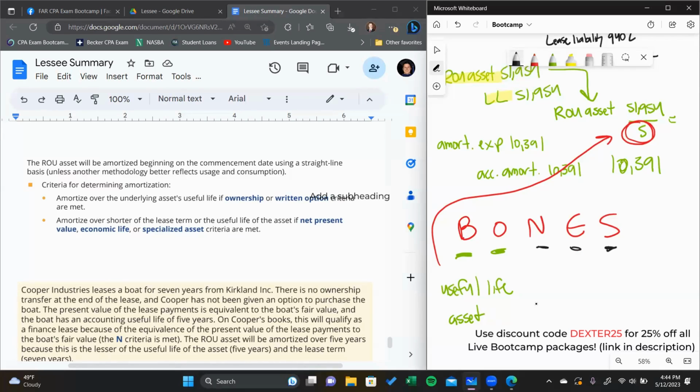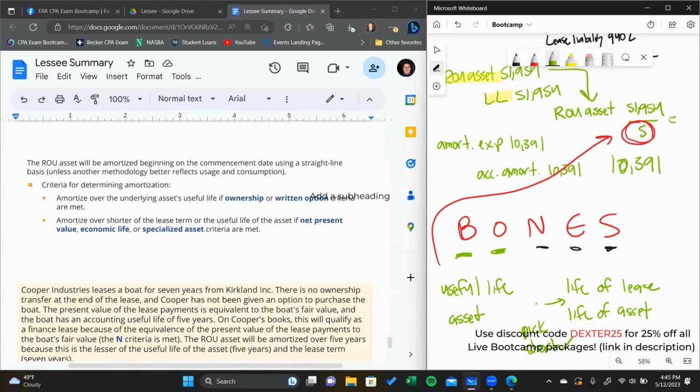And then if the N, the E, or the S is met, then we use the shorter of the life of the lease or the life of the asset. So we pick the shorter. It's straight line.